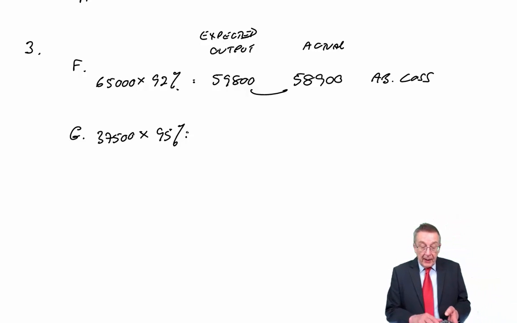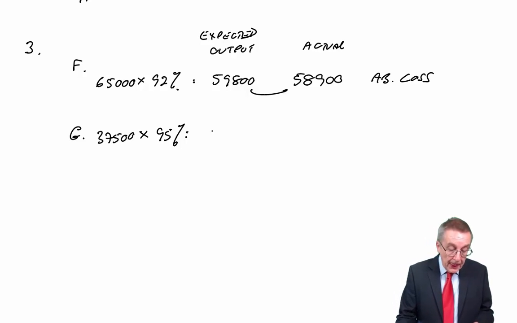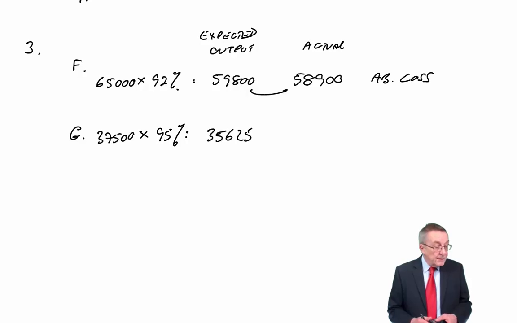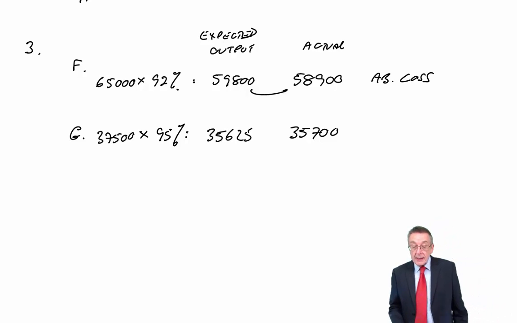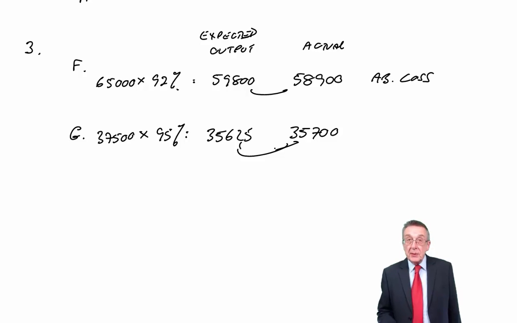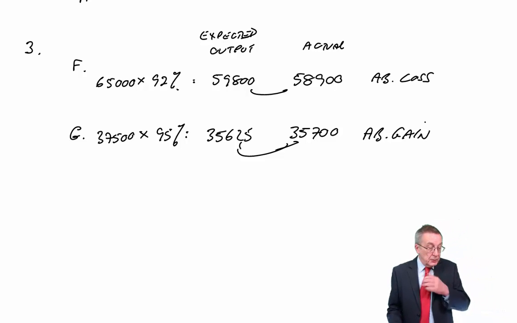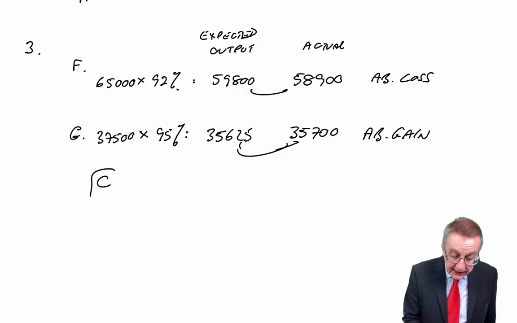So the expected output is 35,625. The actual output is 35,700. So this time we've ended up with more produced than we would expect, with an abnormal gain. So the answer to that one is C.